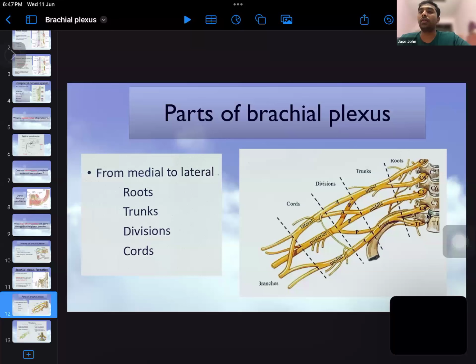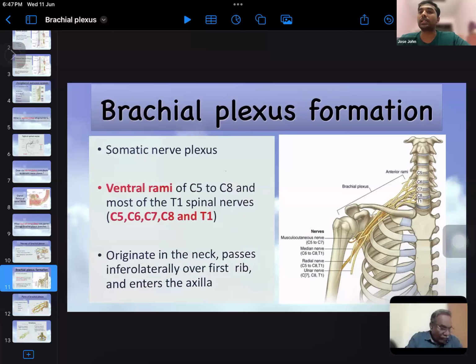Okay, sir. So I was telling the brachial plexus formation. Now moving on to the parts of the brachial plexus, the division and folds.